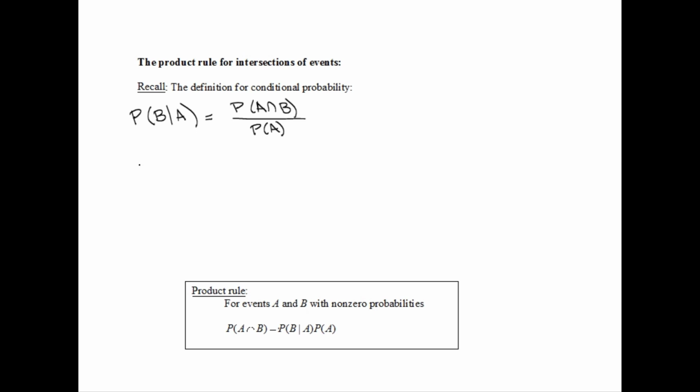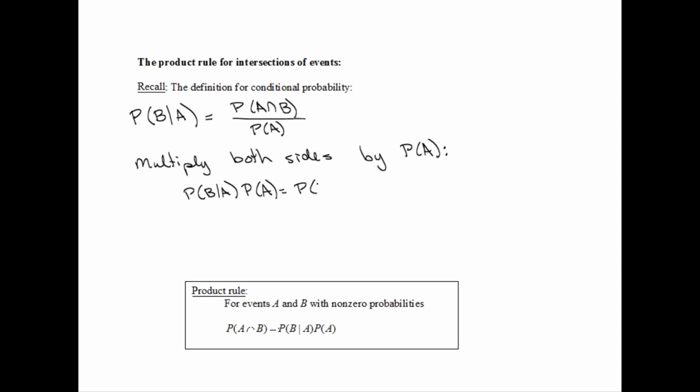Now, multiply both sides of this equation by the probability of A to clear out the fractions. This is going to give us the probability of B given A times the probability of A equal to the probability of the intersection.